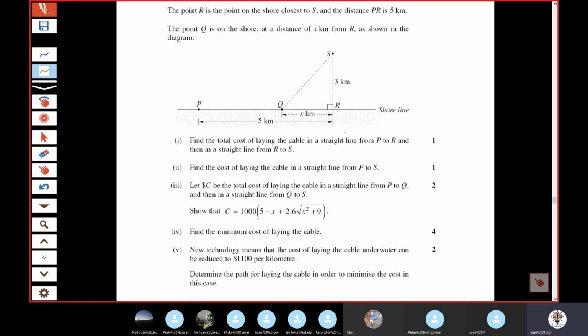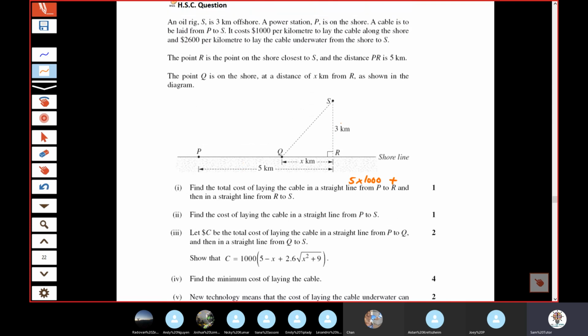Yep, 5 times 1,000 plus, obviously, 3 times... Oh, no. Because you're going to the sea. 2.6, 2,600. You do some calculation work, should give you 12,800. And that wasn't bad for 1 mark.